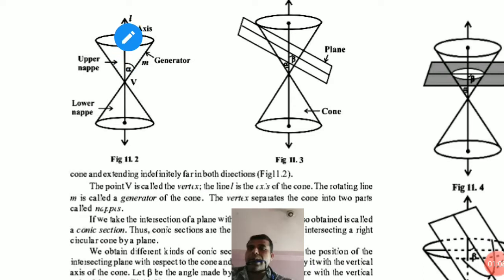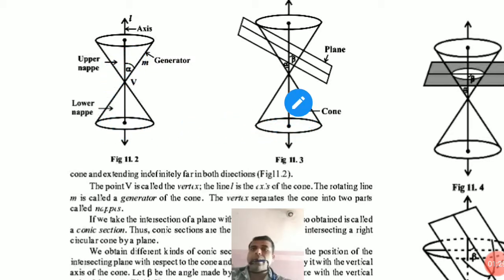This straight line is called the axis L, and the generator M moves surrounding that axis. The shape is called a right circular cone. The upper side is called the upper nappe, and this is called the lower nappe.